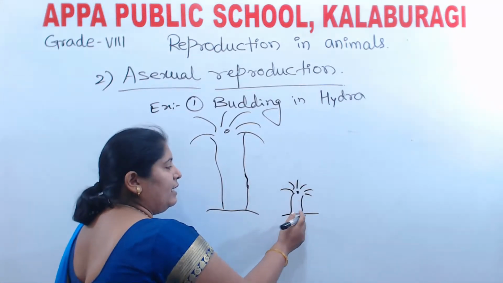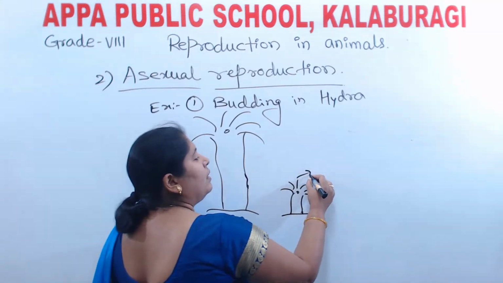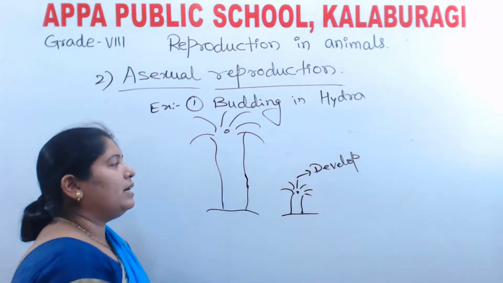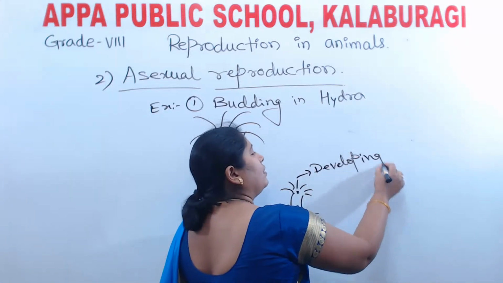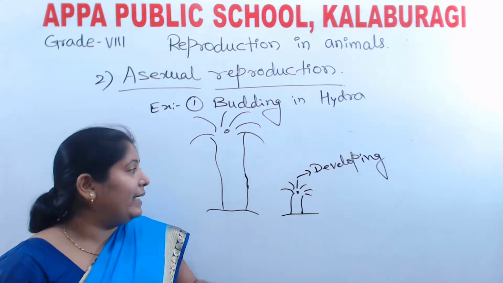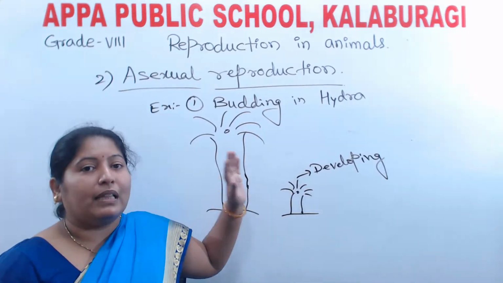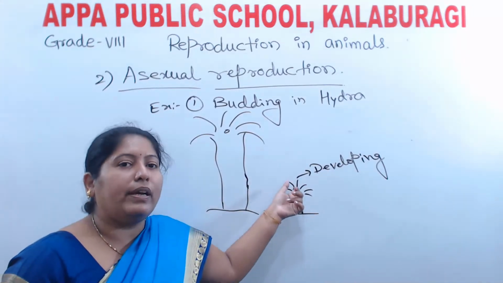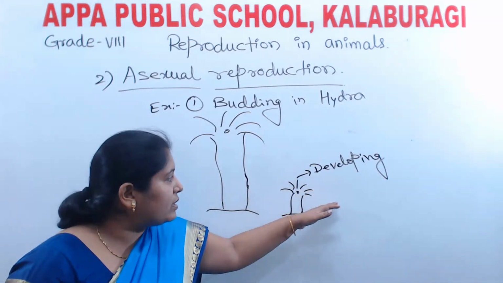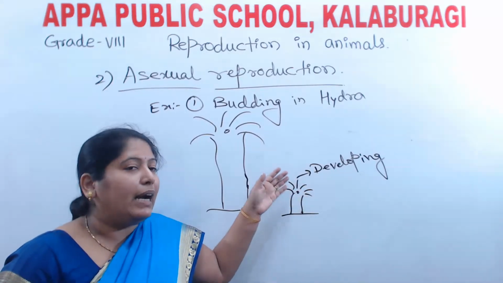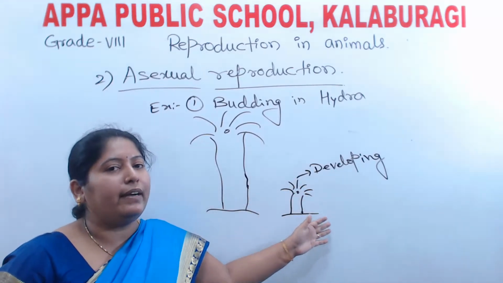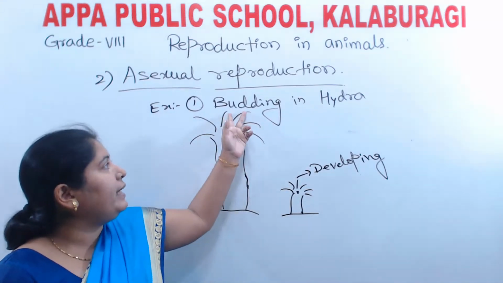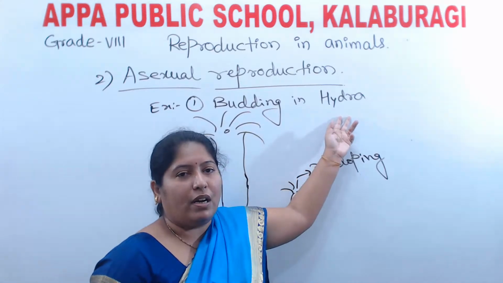So it has attached itself and now undergoes the developmental stages. Now it starts developing. Right? And when it attains its reproductive stage, again it starts producing a bud. The bud slowly grows, starts resembling the parent, detaches itself from the parent body and grows individually. This is the process of budding which takes place in hydra.